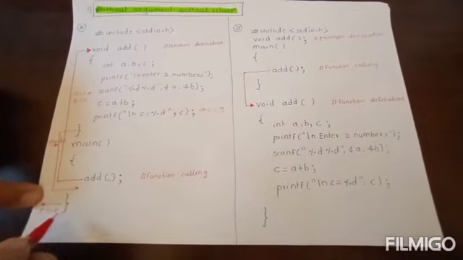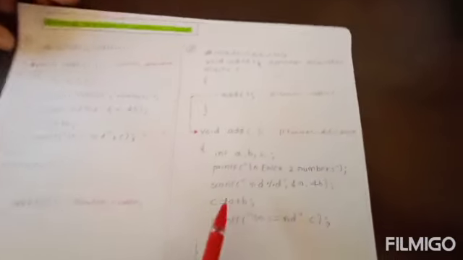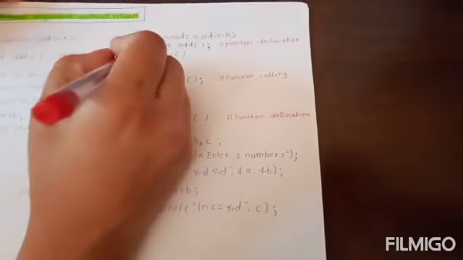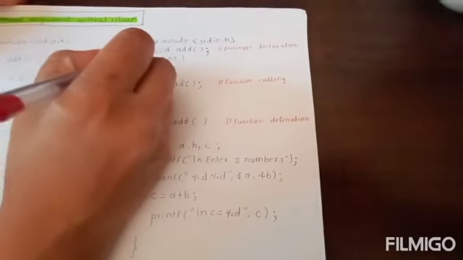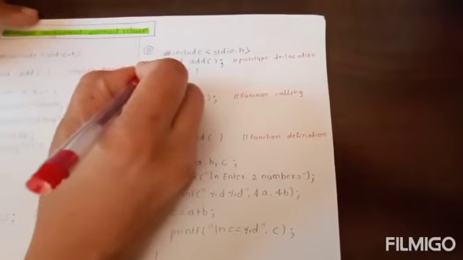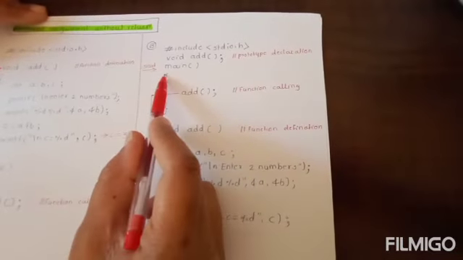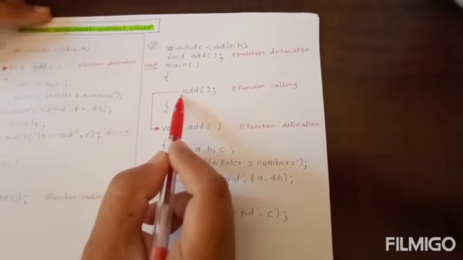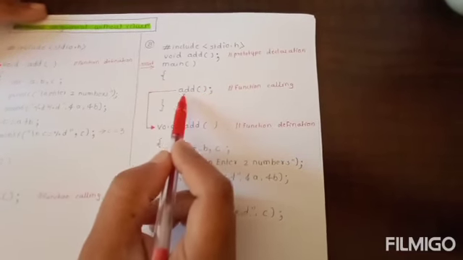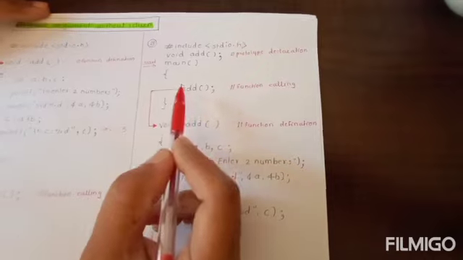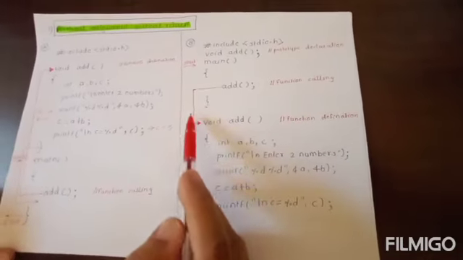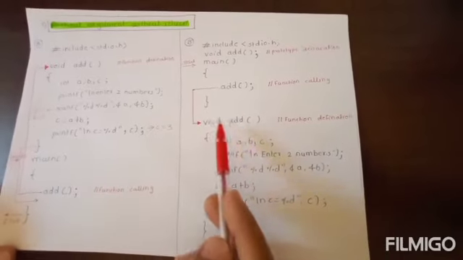Okay, next style, the same. Here execution starts from your main, so this is your start. After this we detect that there is a function call. So whenever we detect a function call, control is handed over to that particular function.